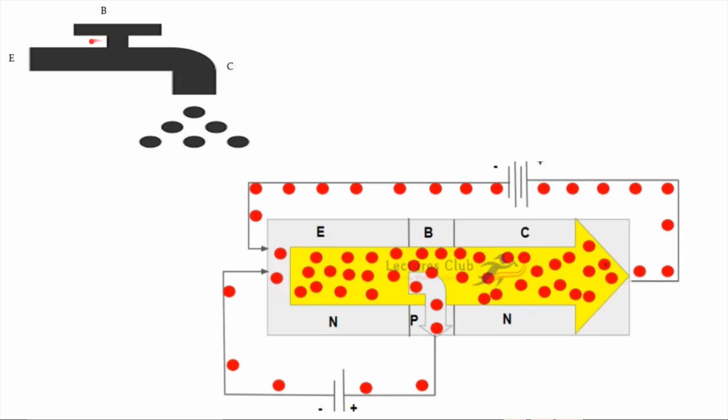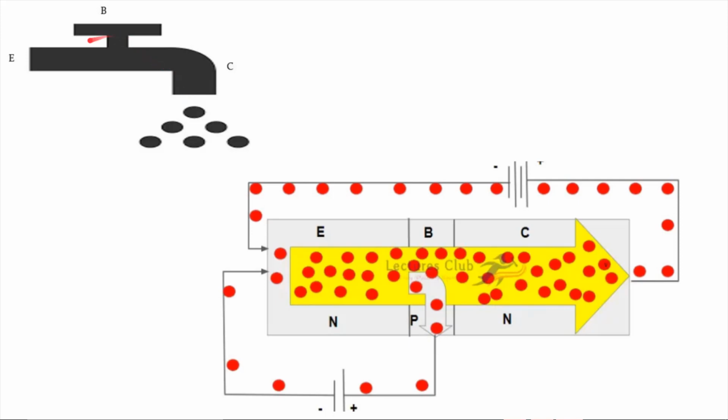You keep on opening the tap, and more and more water will come from the emitter and come out from the collector. A point will reach when you have opened the handle to its maximum point. At this point, the maximum amount of water will come from the emitter into the base and then go into the collector.